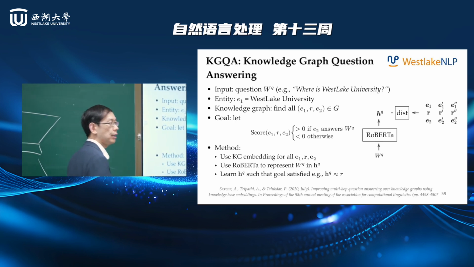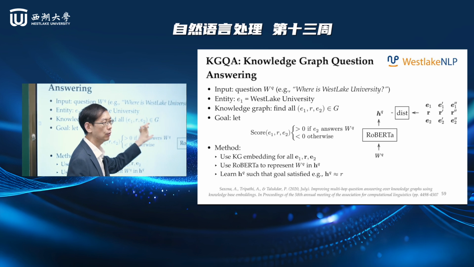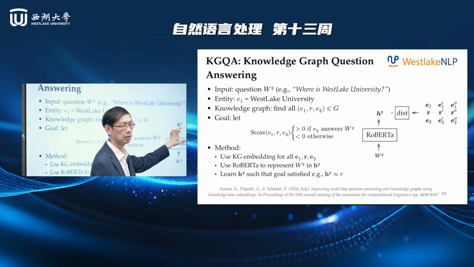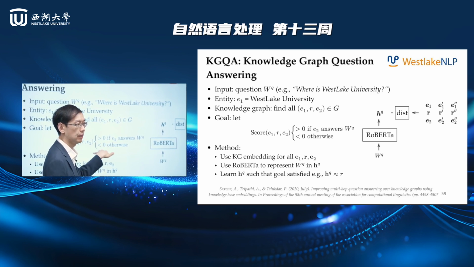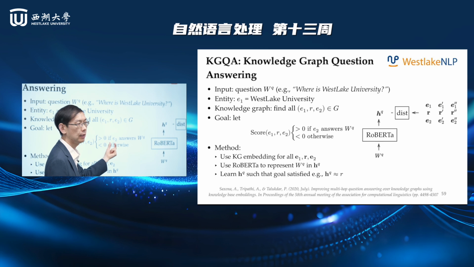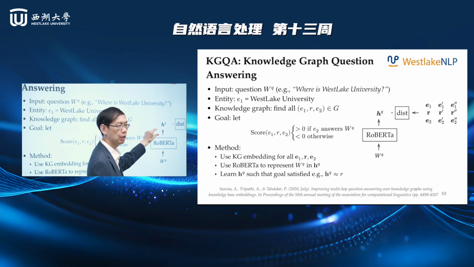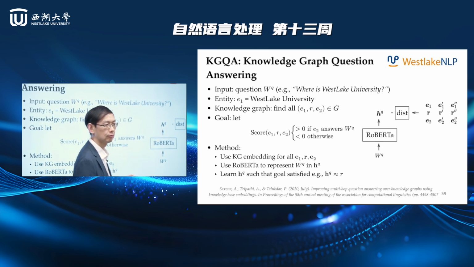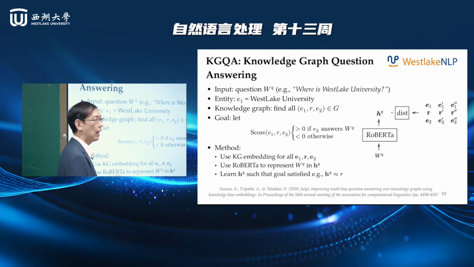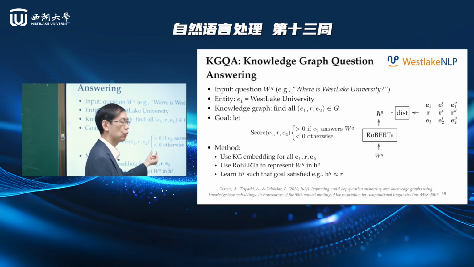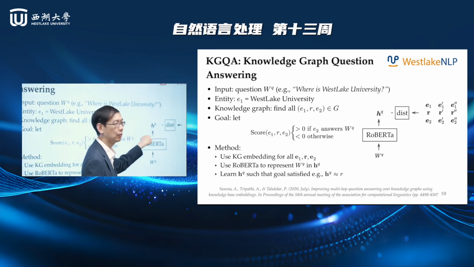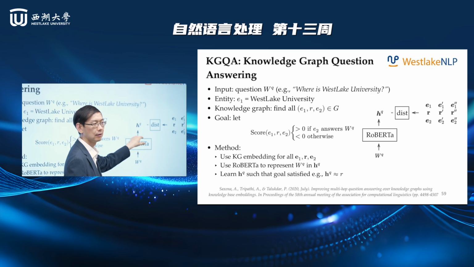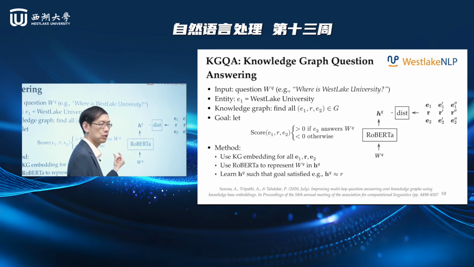Now I don't change the knowledge graph embedding. In other words, all these neighbor candidate embeddings are already pre-trained. What I want to do is to fine-tune the question embedding, HQ, so that HQ is close to the relation located in. And then if HQ is close to the relation, I can use the distance between HQ and every R of the neighbors to select the closest to the question.